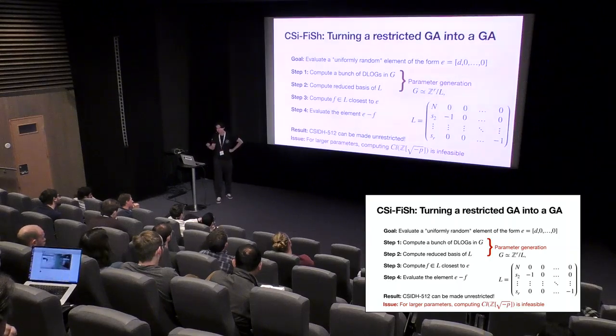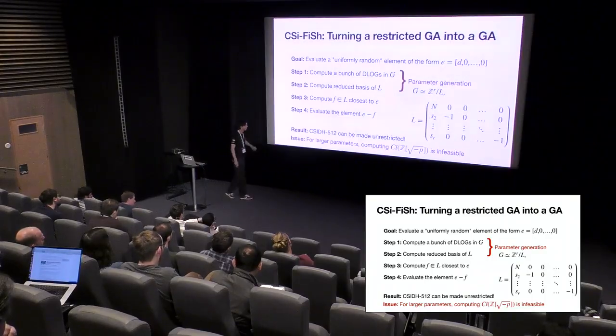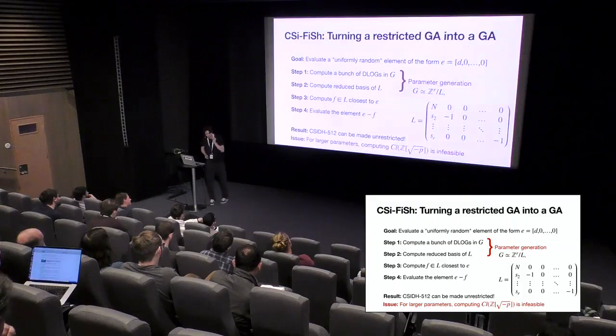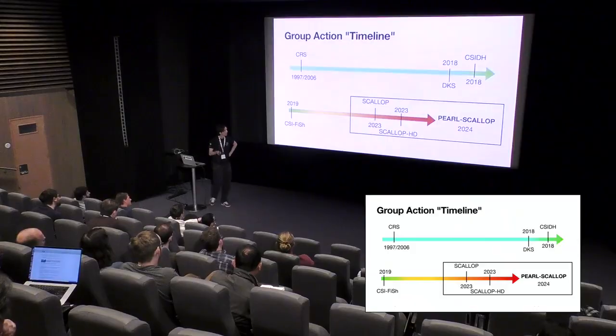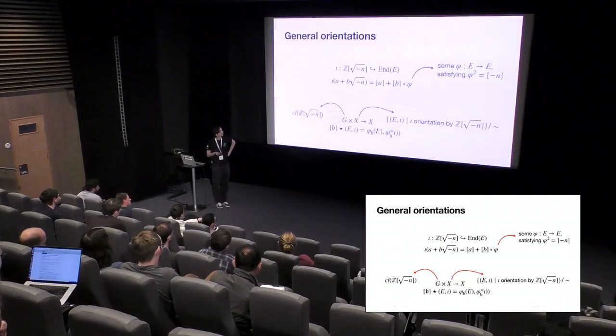And as I said, there's this sub-exponential attack, so the general consensus is that this level doesn't actually offer any post-quantum security. So then we need some kind of new ideas, and that's indeed what SCALLOP did, and where our paper also fits in.